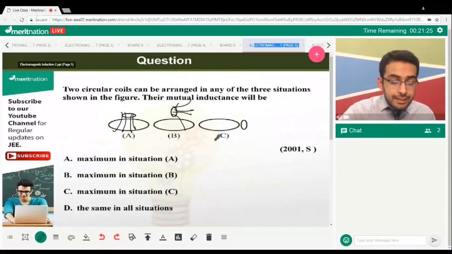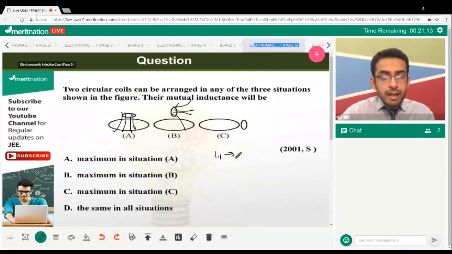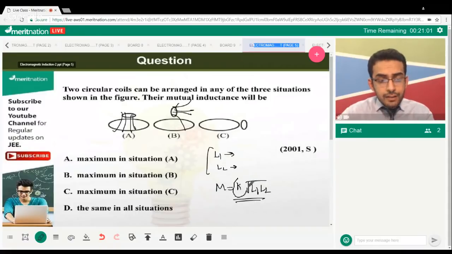So the flux linkage is maximum for A. M is K times root L1 L2, and K depends upon the flux linkage, so K is maximum for A. That's why the correct answer is A.